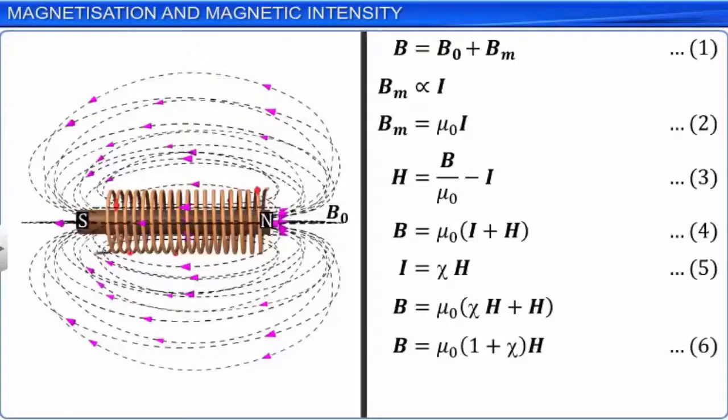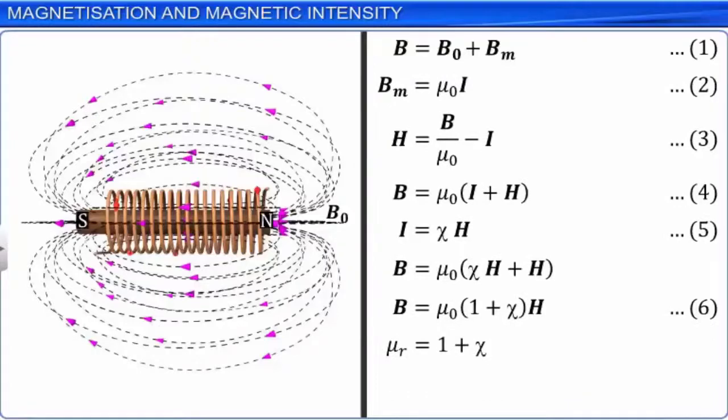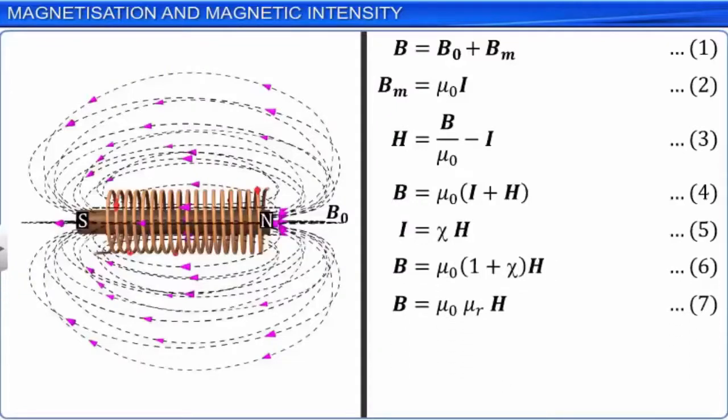We know that the relative magnetic permeability is the ratio of the magnetic permeability of the material to the magnetic permeability of vacuum. That is, mu R = mu/mu0. Then, mu = mu0 mu R. On substituting the magnetic permeability of the material, mu, in equation 7, we get the magnetic field as B = mu H. Let this be equation 8.